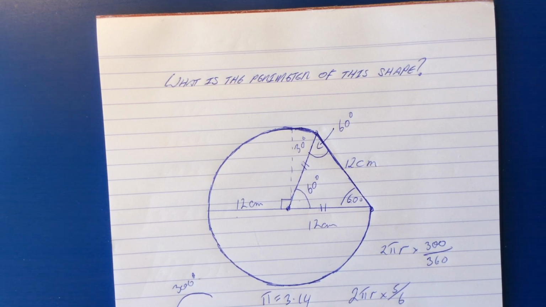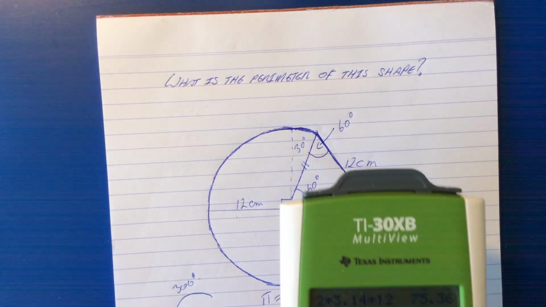So what have we got? We have 2 times 3.14 times the radius, which is 12, and that gives us 75.36.